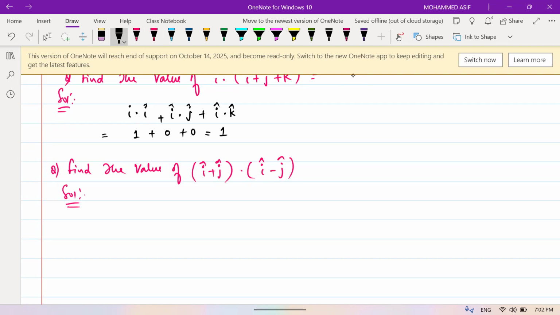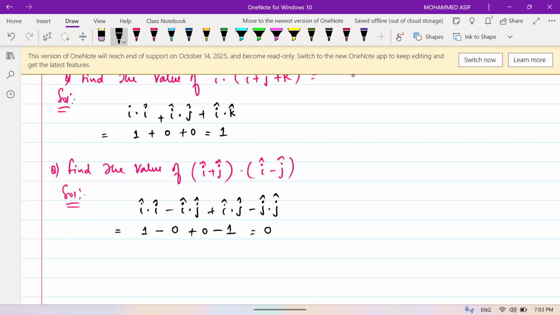First, multiply this out: i cap dot i cap minus i cap dot j cap plus j cap dot i cap minus j cap dot j cap. i dot i is 1, minus i dot j is 0, j dot i is also 0, and j dot j is 1, so minus 1. Ultimately 1 minus 1 will be equal to 0.